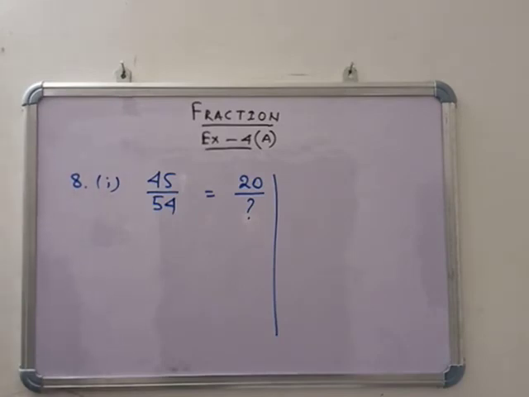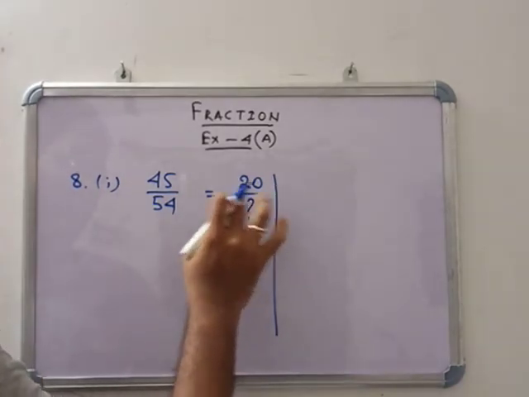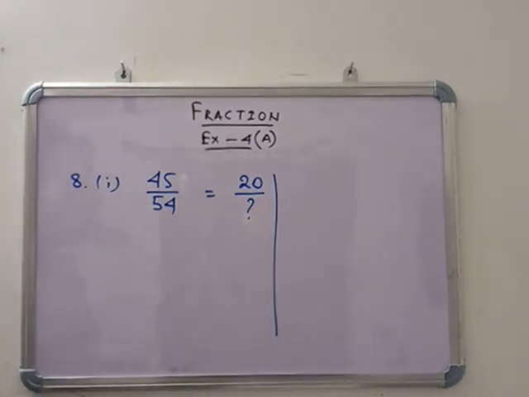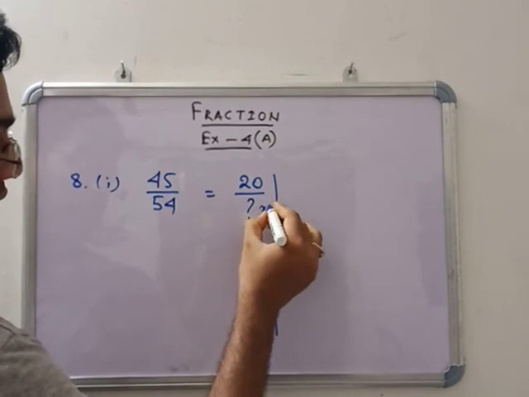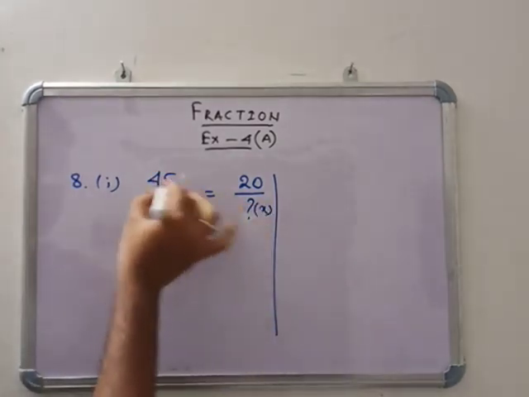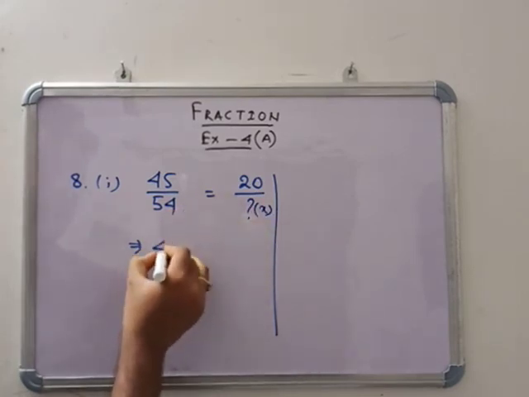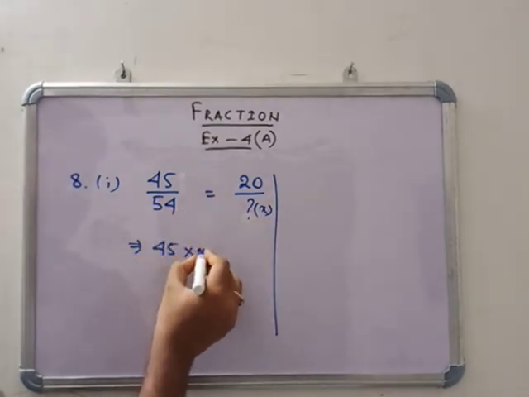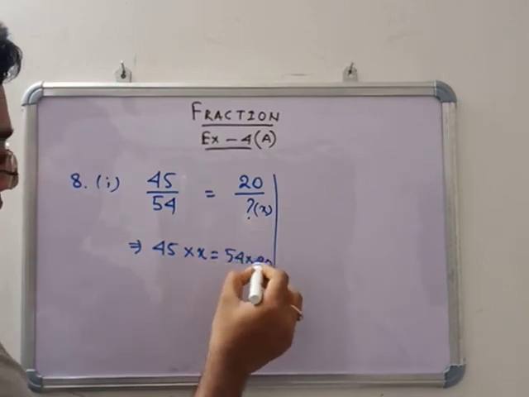If we take any unknown, alphabetically, say X, I am choosing here, then we can write 45 into X equals 54 into 20.